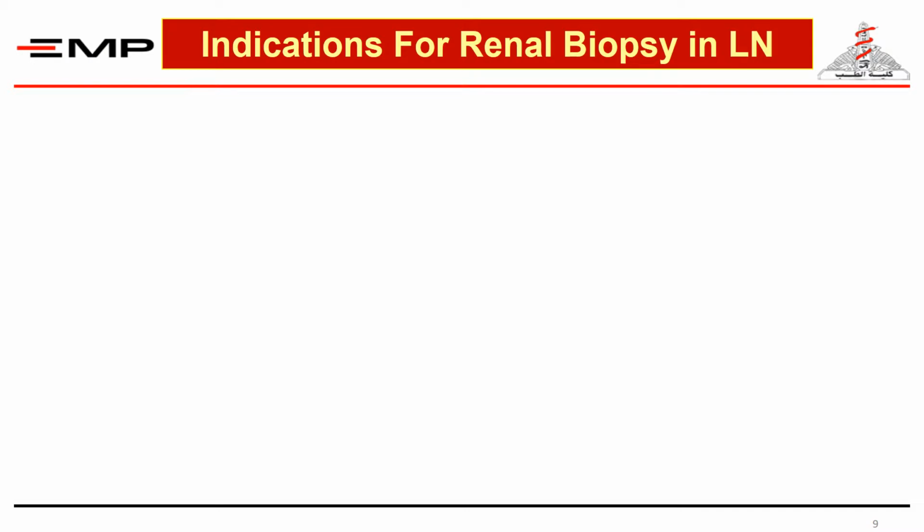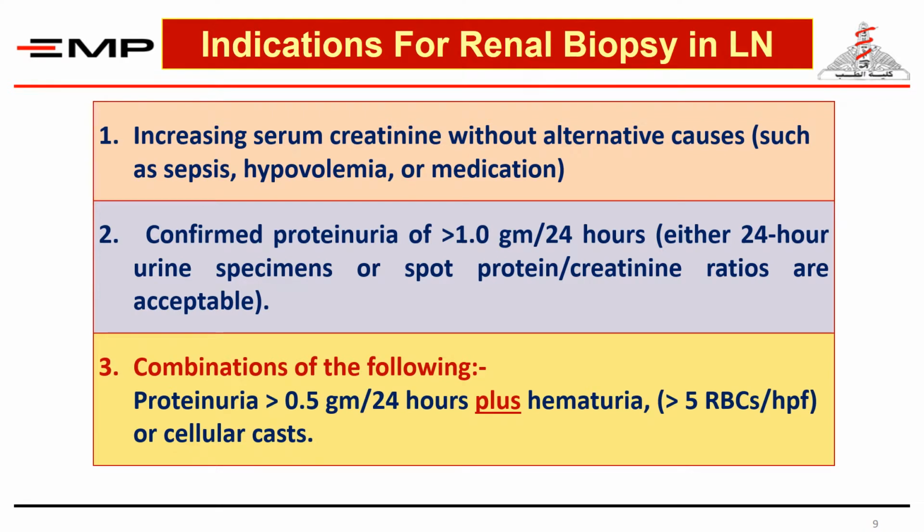Indications for renal biopsy in lupus nephritis patients: number one, increasing serum creatinine without alternative causes such as sepsis, hypovolemia, or medications. Confirmed proteinuria of more than 1 gram per day, either 24-hour urinary specimen or spot protein creatinine ratio are acceptable.